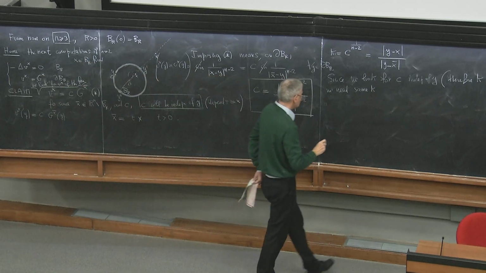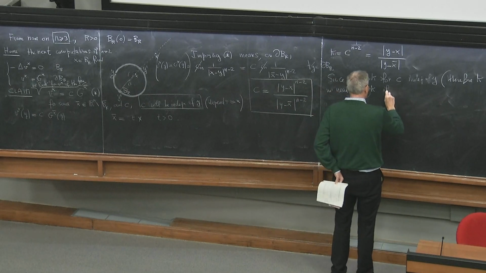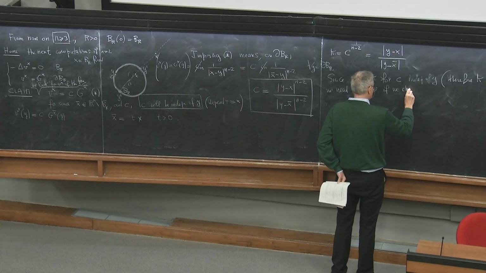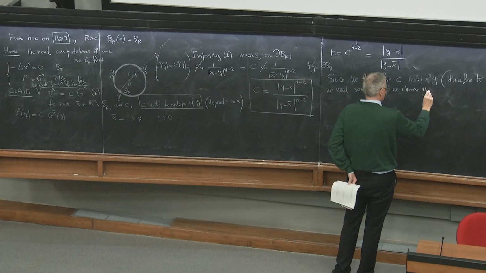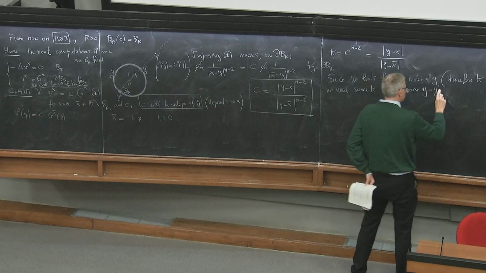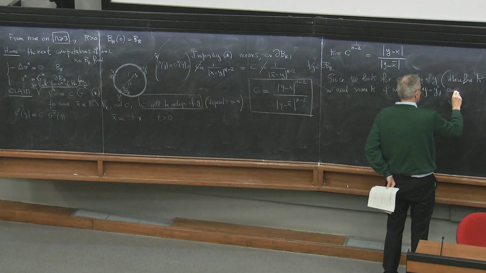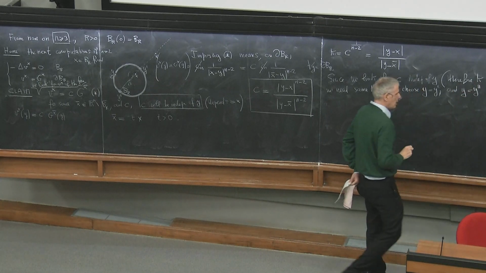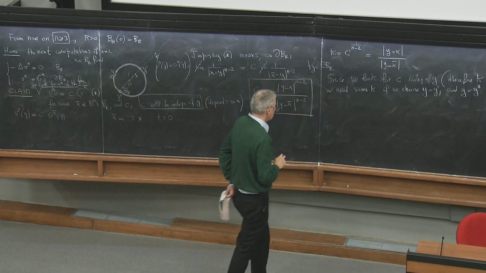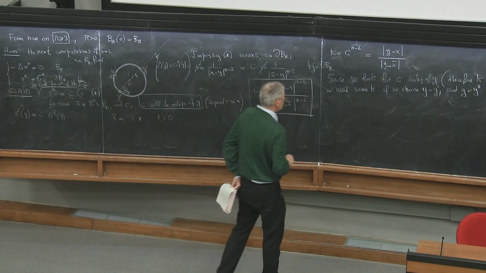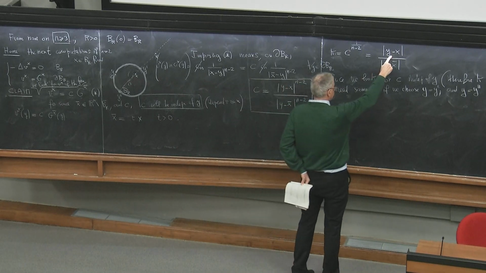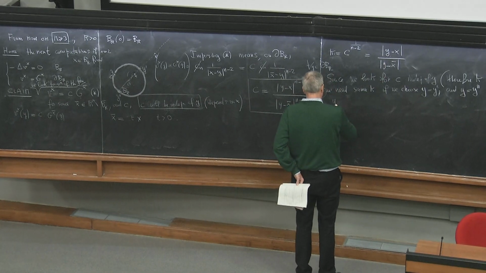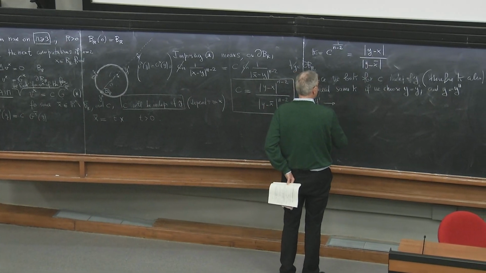So if we choose y equal y prime and y equal y second, same K. So when we choose y prime, what do we get here?